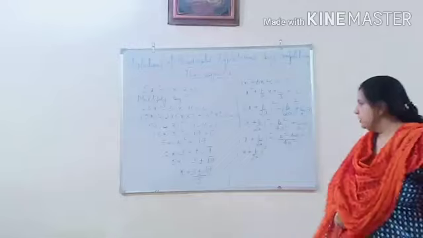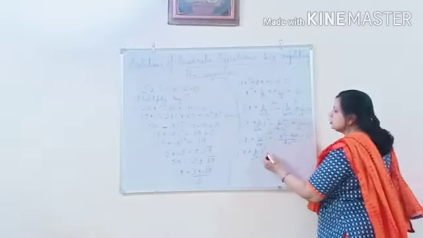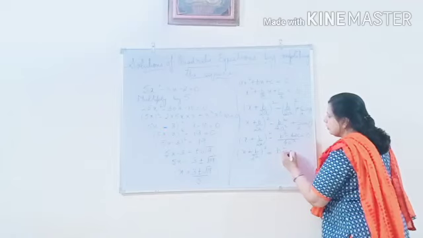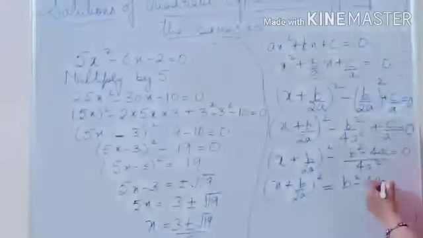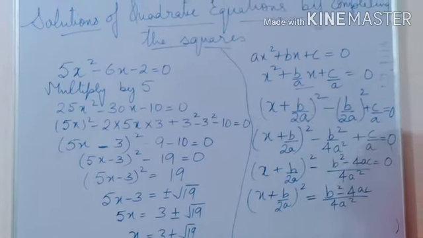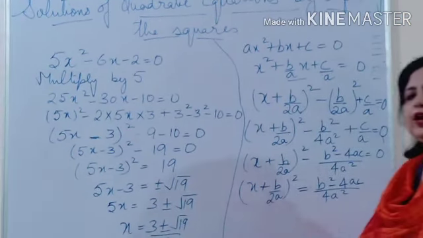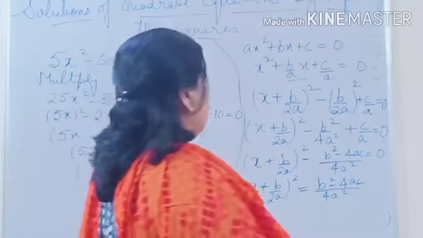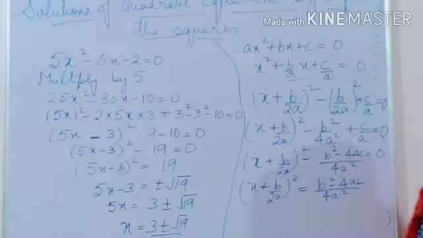Now let us transfer this term to the right hand side. So this will be equal to b square minus 4ac upon 4a square. Now let us remove this square here.